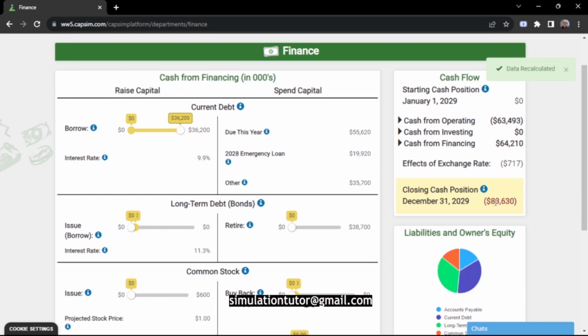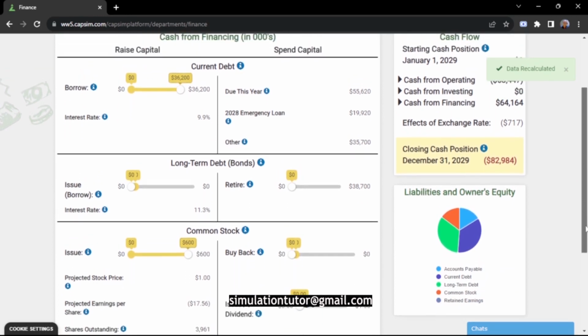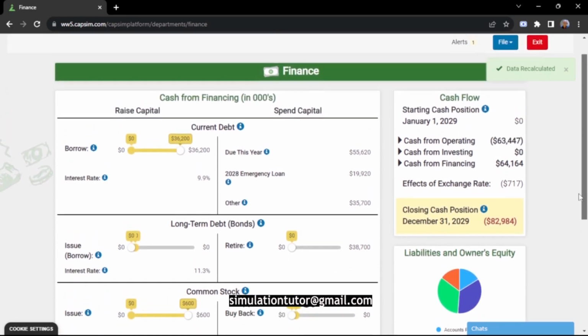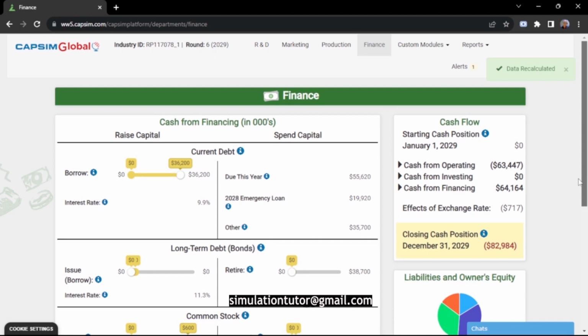So we see that it has reduced to about 83,630. Then again, I'll issue common stock so that I can try and pay this debt. So that's it for the decisions in terms of CAPSIM Global.